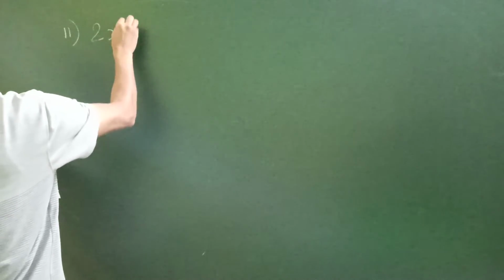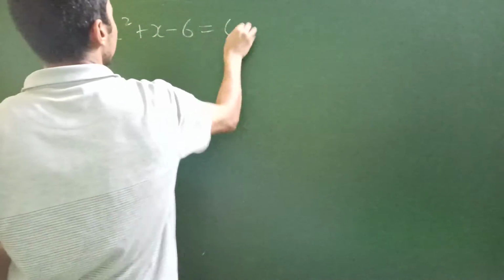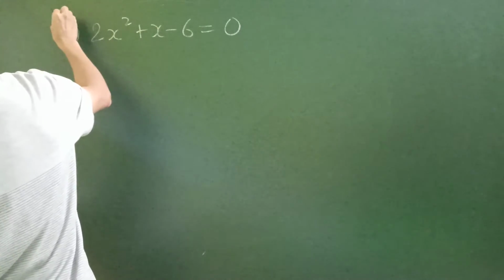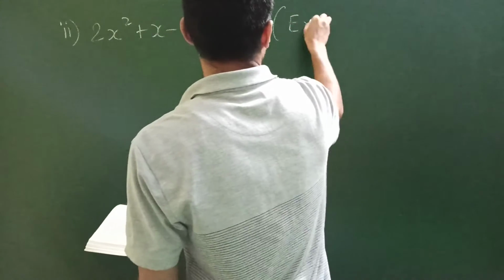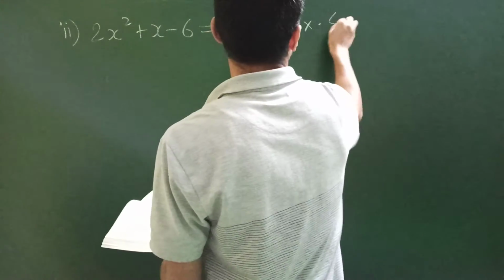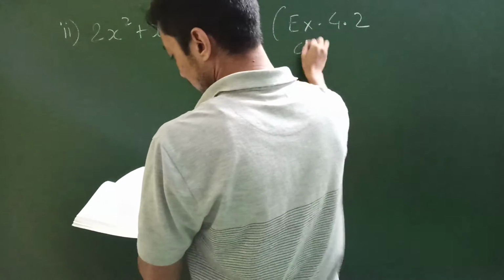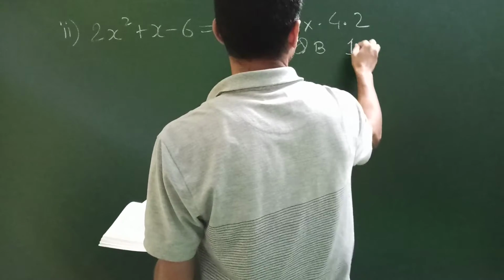Alright, let's continue with the other question, that is 2x squared plus x minus 6 equal to 0. This is from the NCERT textbook as well as followed by NBSE, the Board of School Education. So actually I am doing the questions of exercise 4.2, question number B1.